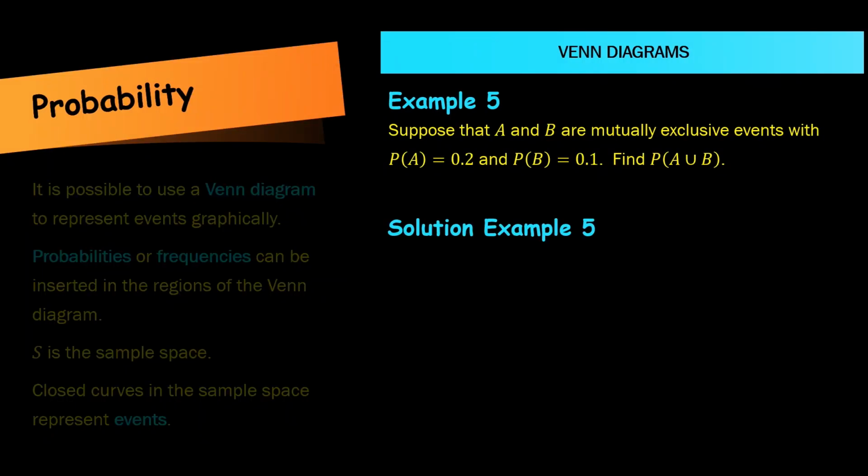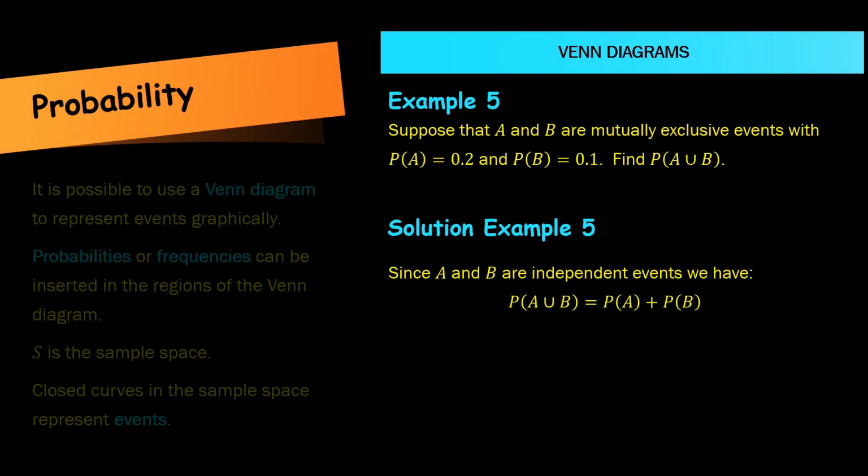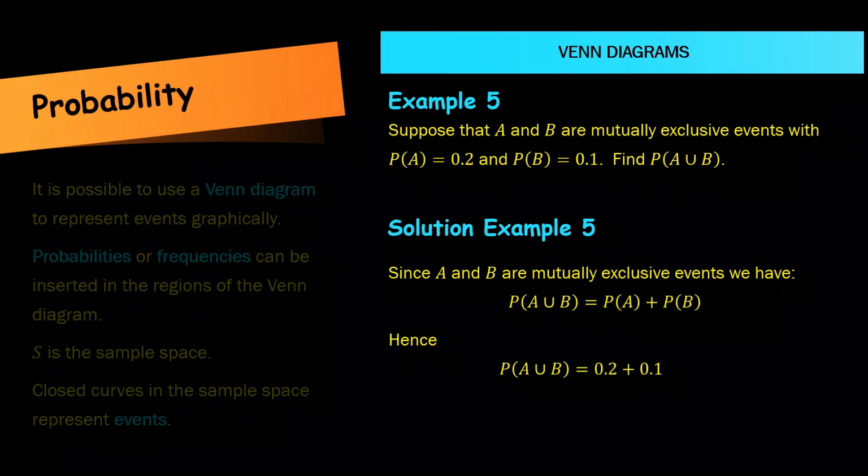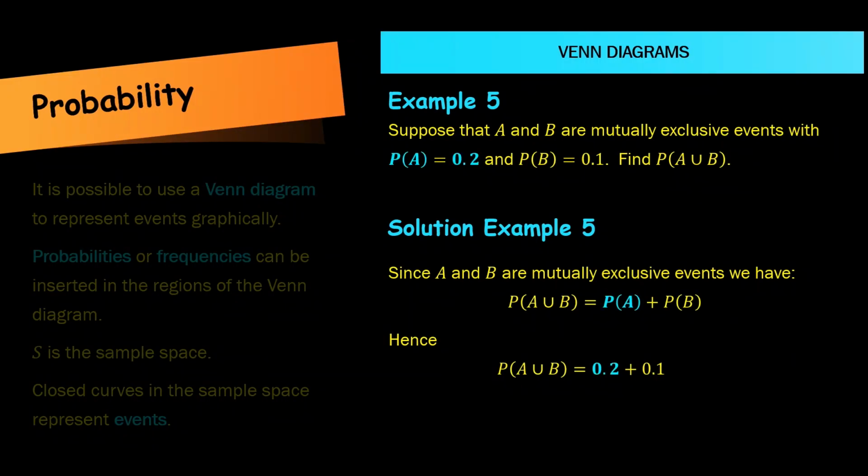Since A and B are mutually exclusive events, we have probability of A union B equals probability of A plus probability of B. And so we simply need to plug in the figures. 0.2 plus 0.1, giving us that the probability of A union B equals 0.3.